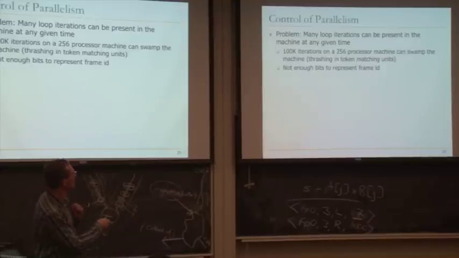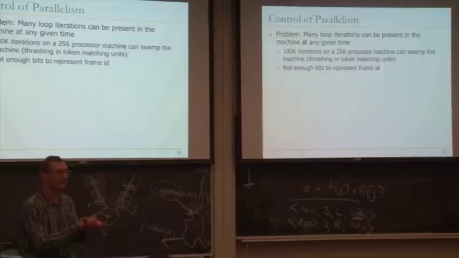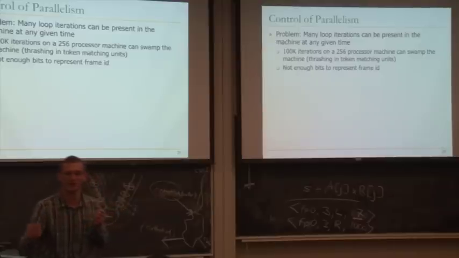And this could swamp the machine, because you're not controlling any of this parallelism. Everything is happening based on data flow order. In control flow processors, the control flow is really controlling how many instructions are in the machine, right? You can easily stop at any time.